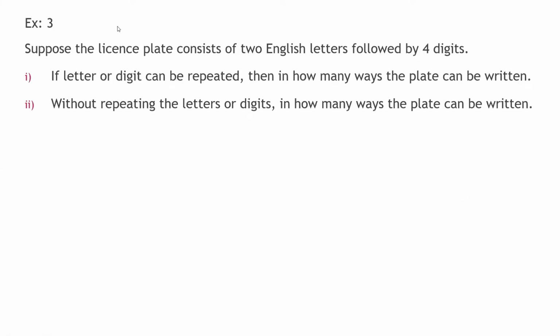Let us consider another example. Suppose the license plate consists of 2 English letters followed by 4 digits. Means there is a license plate. It might be a car or else your vehicle license plate.